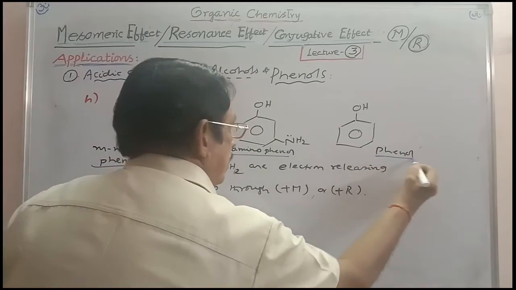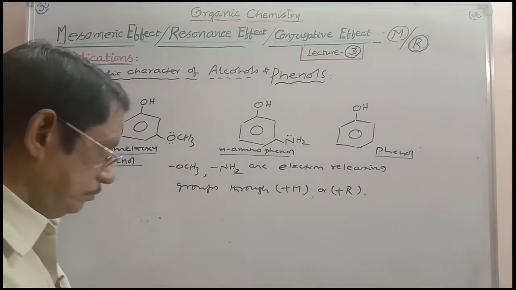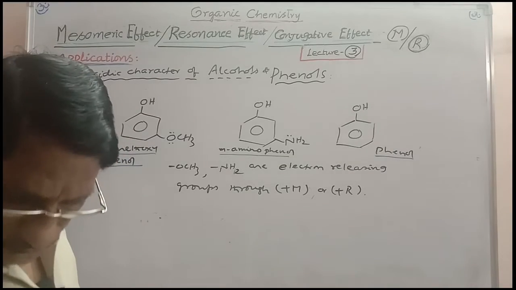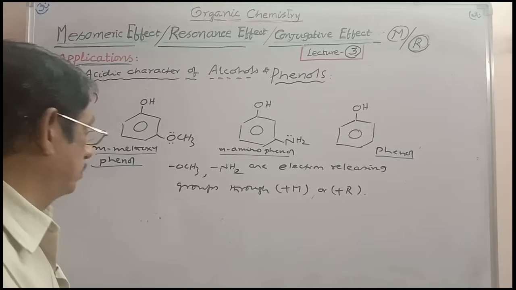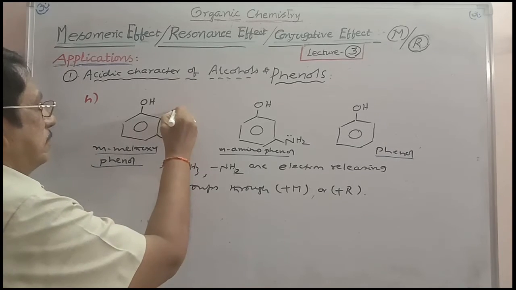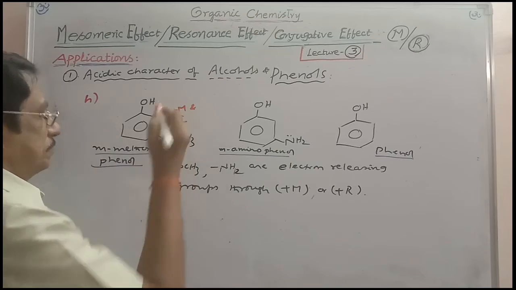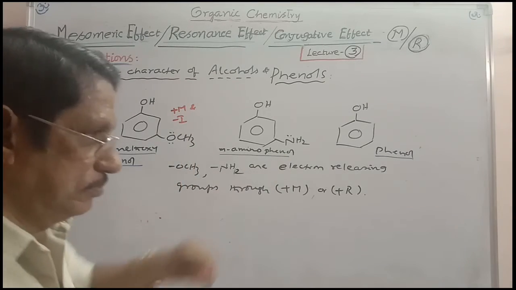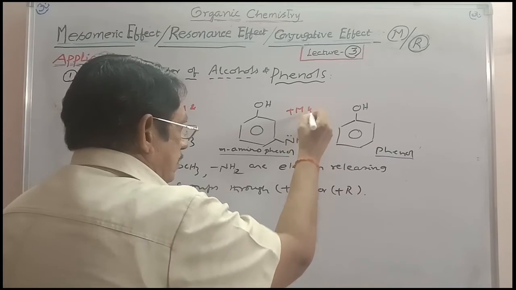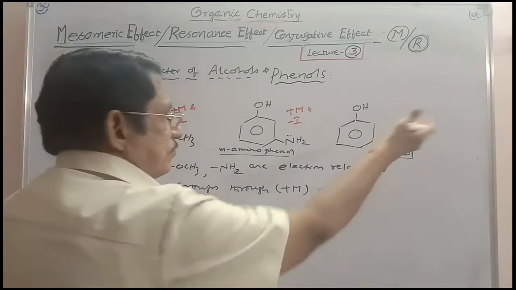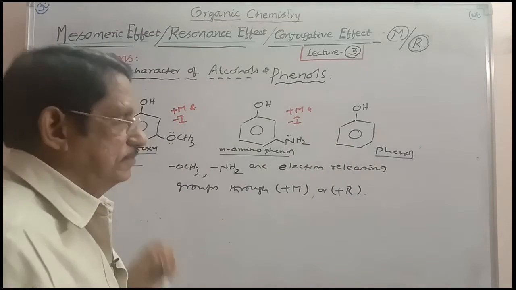Both are meta. And in this case, once again, if you take methoxy group, it will have plus M effect and minus I effect. Here also amino group is having plus M effect and minus I effect. And of course, there is no effect because any substitution is not there in the case of phenol.